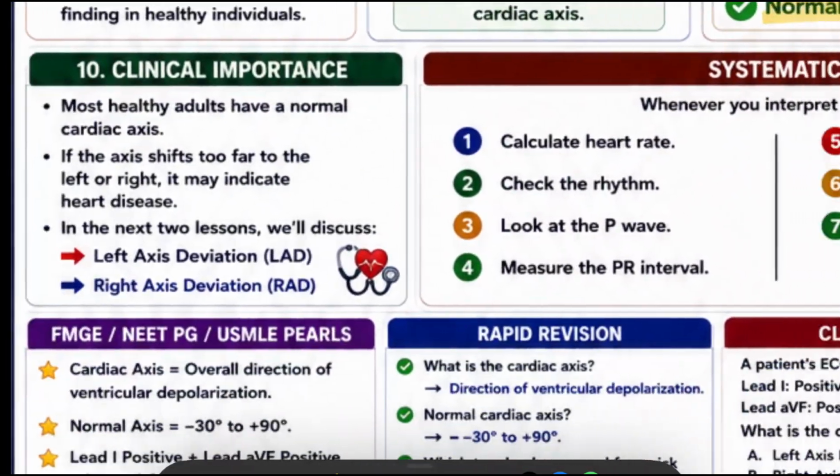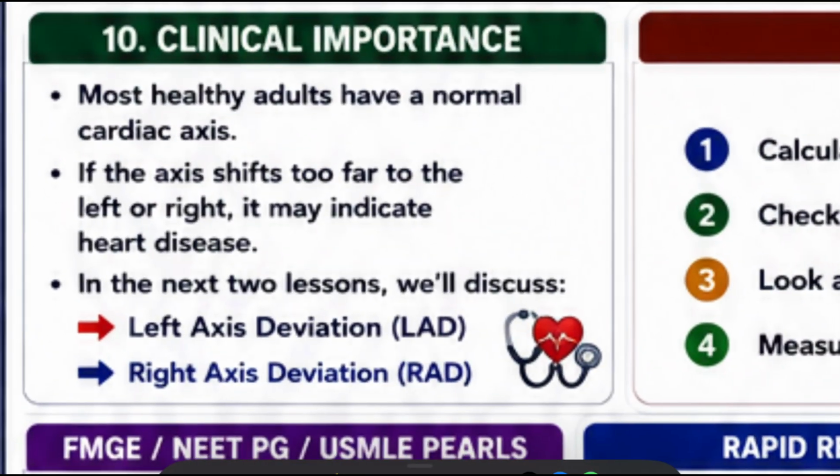So we have some clinical importance for normal axis. Most healthy adults have a normal cardiac axis. If the axis shifts too far to the left or right, it may indicate heart disease. In the next two lessons, we will discuss left axis deviation and right axis deviation.